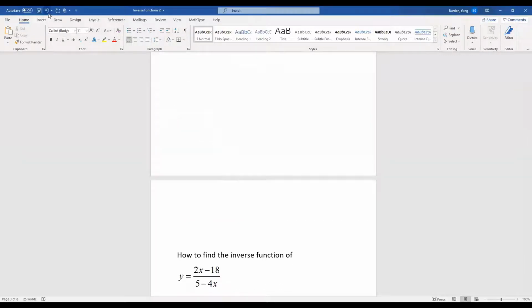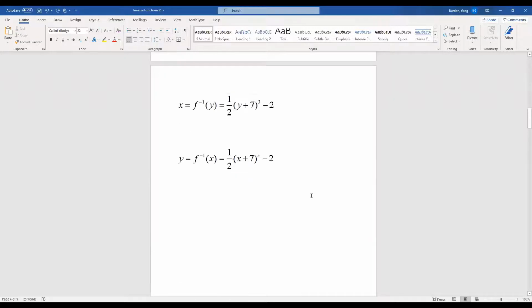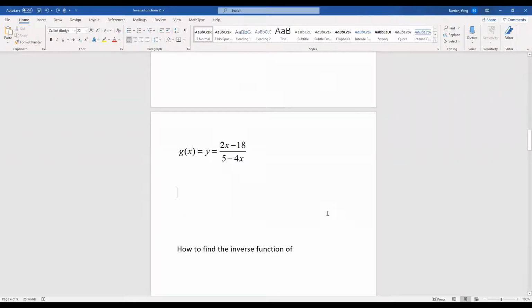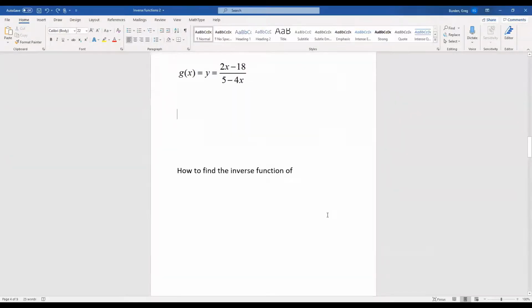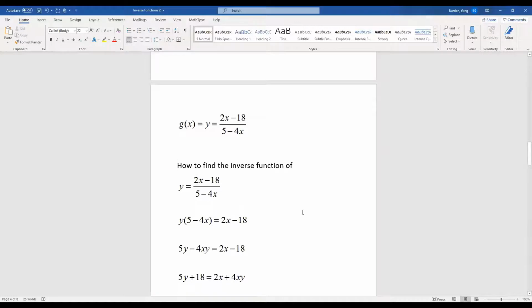I got rid of more stuff than I wanted to. Let's see. To bring back, there we go. Okay, so there's my function. I know what happened. I just scrolled up too far.